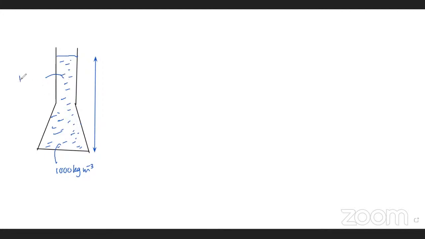We'll take the total volume of all the liquid inside it roughly as 2.5 into 10 to the minus 3 cubic meters. And this height is taken as 25 centimeters.